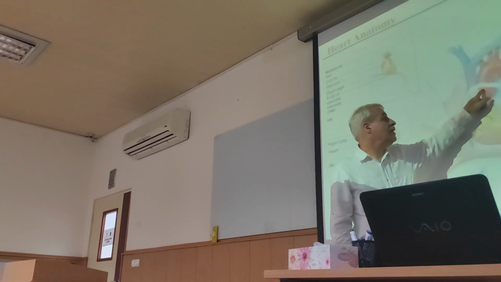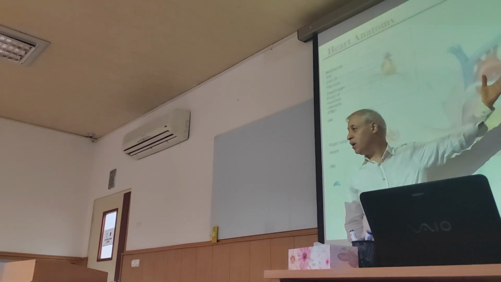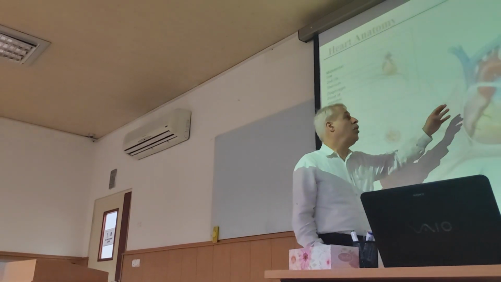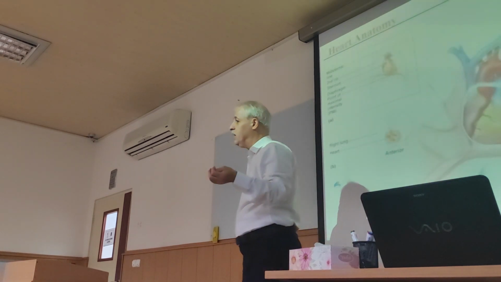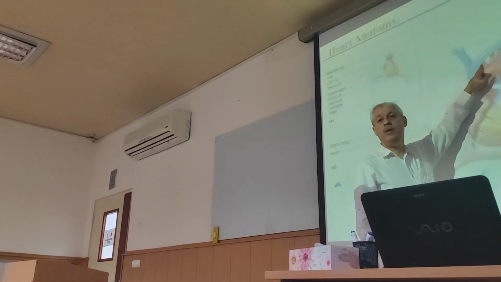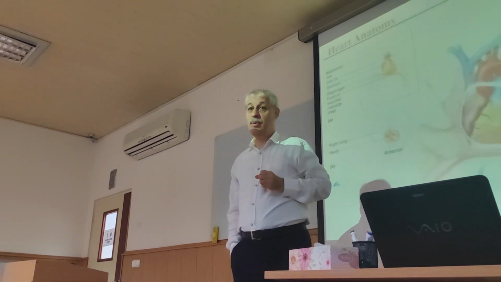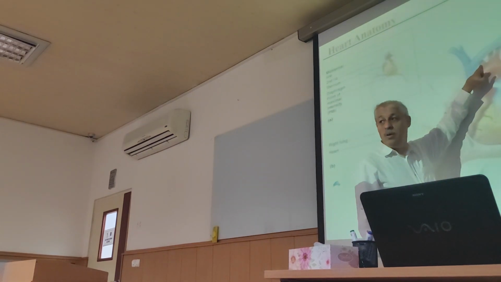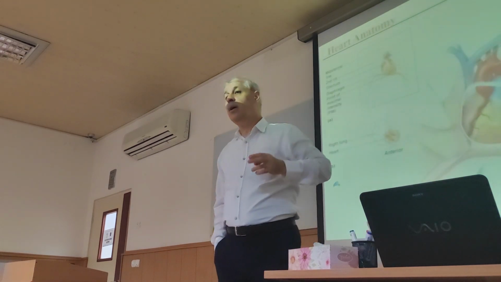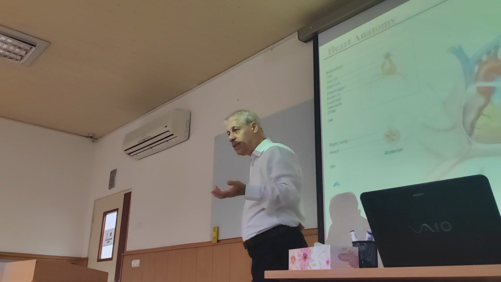Take a look. This is the ascending aorta, the arch, and the descending aorta, which is composed of different parts: thoracic and abdominal. In the arch, in most cases, we have three branches: the brachiocephalic, the left common carotid, and the left subclavian. The innominate artery, or brachiocephalic, is itself divided into the right subclavian and right carotid artery.